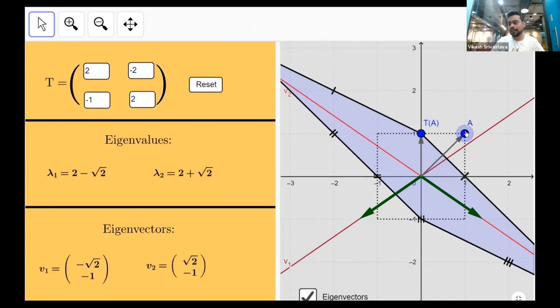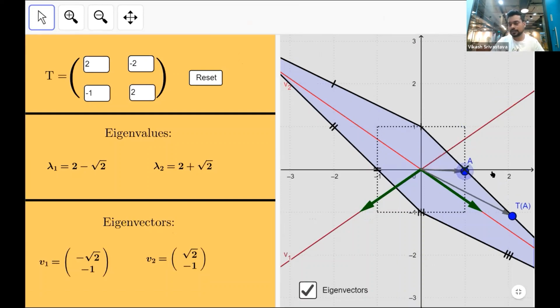So for any such vector, if you apply this transformation on A, the transformed vector will be this particular one. But now there's something very interesting going on for the green vectors. Let's say I move this A and place it on this particular green one. Now, as you can see, TA is also along this vector.